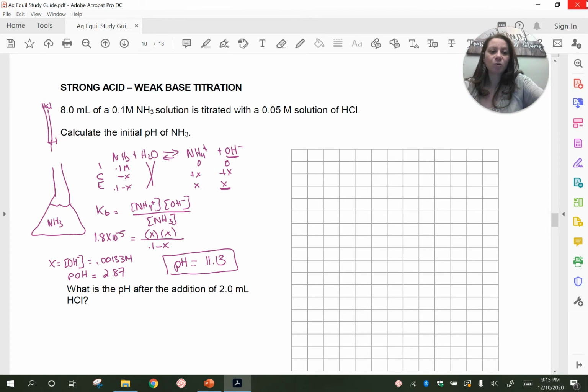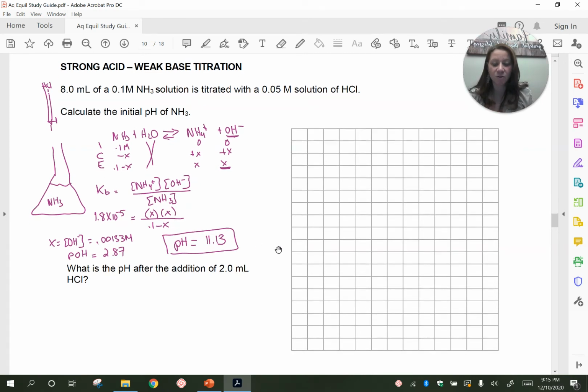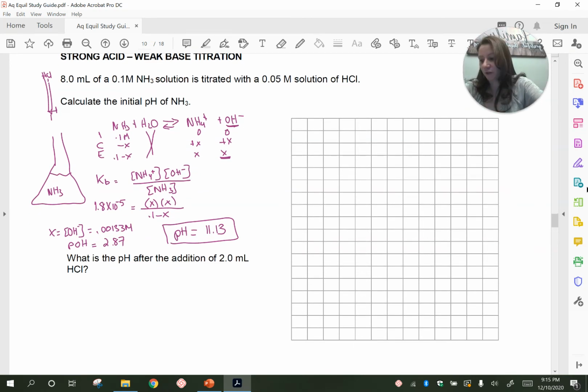We are going to construct our titration curve. So we're going to need our initial pH here. So let's go ahead and put it on our curve here. So this is going to be our pH. This is going to be our milliliters of HCl, the volume of HCl.